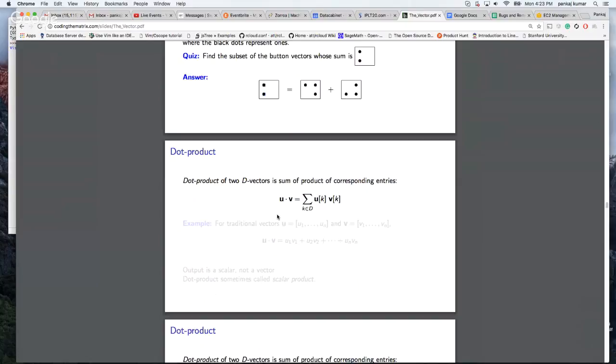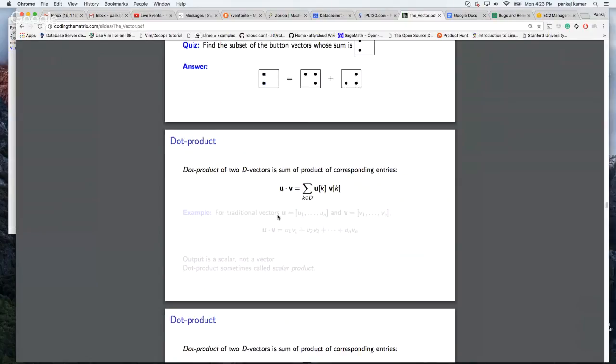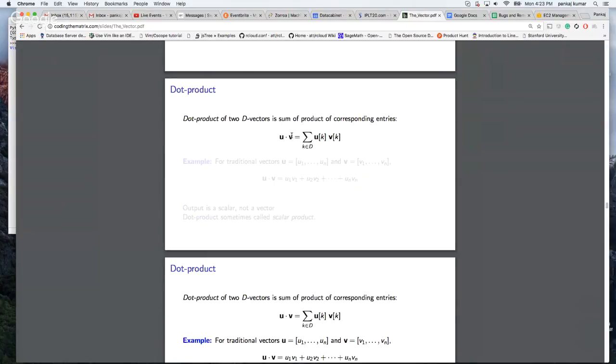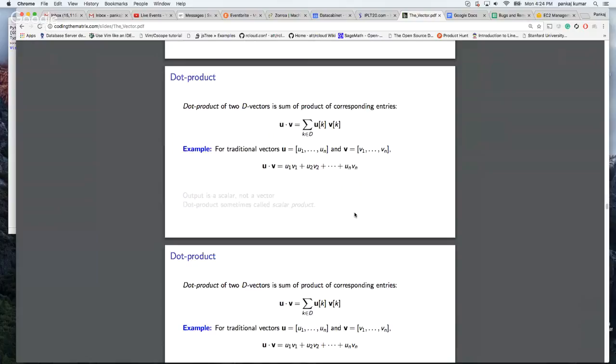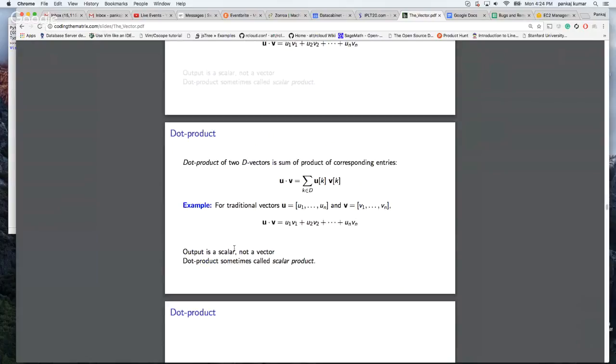Okay, so now let's get to the dot product. A dot product is defined as: you go through each element in order, multiply them together, and sum the results. So it gives you a scalar in the end. The output is a scalar, not a vector.